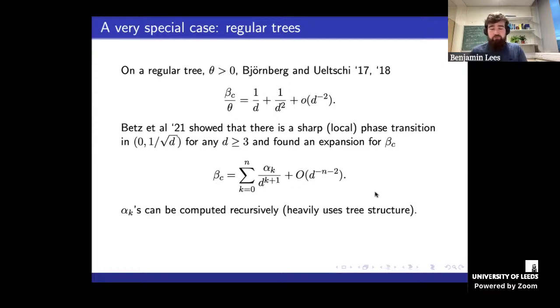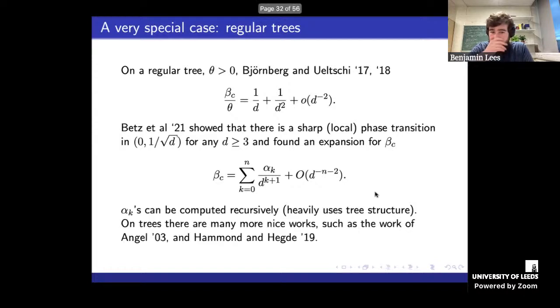There are some very nice results for trees, and we can be happy they're there, even if it doesn't give us everything we ever wanted. As I said, there's lots more nice work on trees, so it's worth looking at these papers and the references in them.